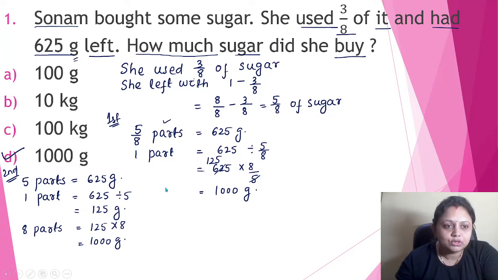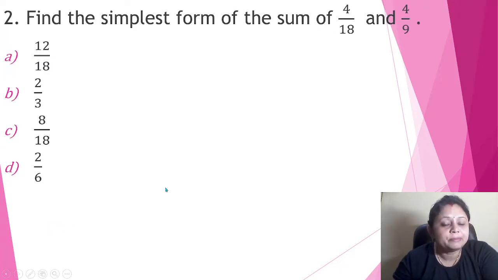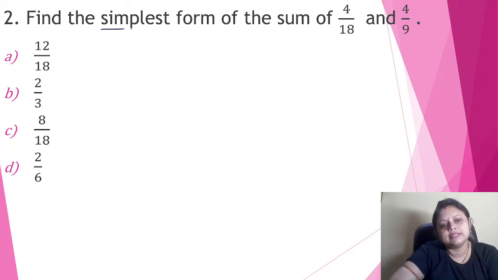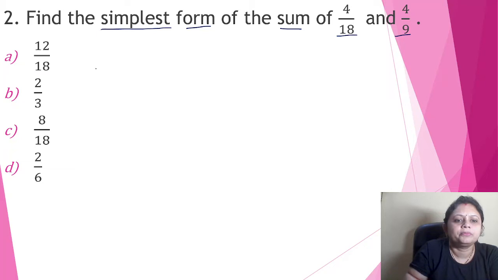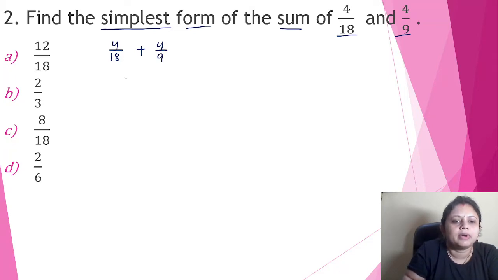Coming to the next question: find the simplest form of the sum of 4 by 18 and 4 by 9. Option A 12 by 18, B 2 by 3, C 8 by 18, D 2 by 6. So 4 by 18 plus 4 by 9.